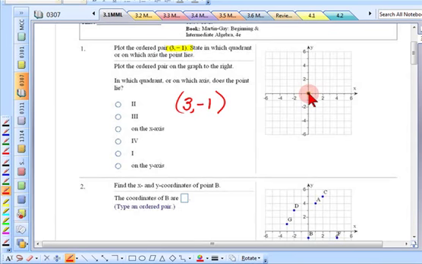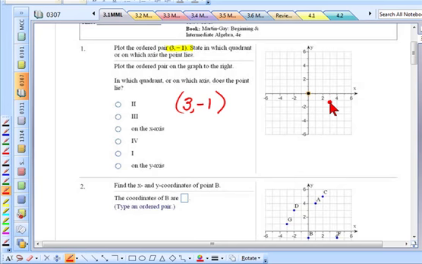Where would I take this? Which way would I move? Tell me right or left, up or down. Right 3 and down 1? Yep. So here's my location. Is everybody okay with that? That's where it will graph, and you will physically move this little point to that location.